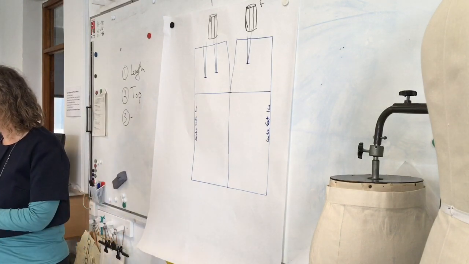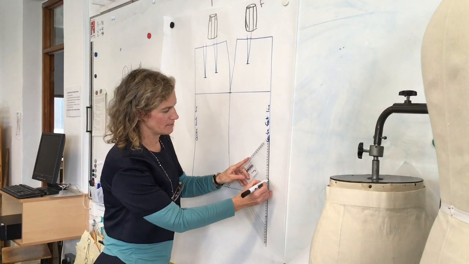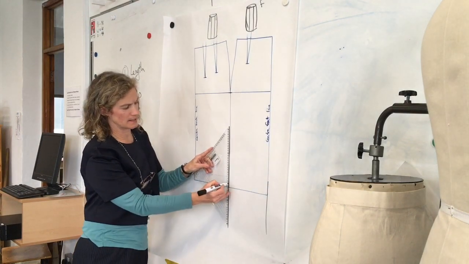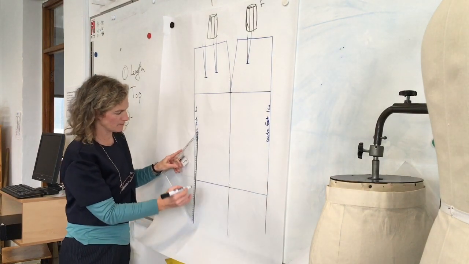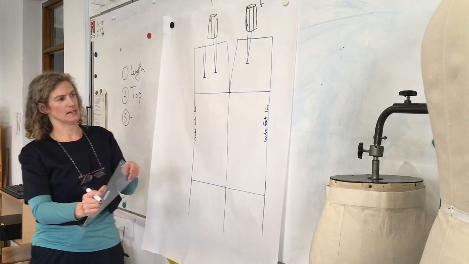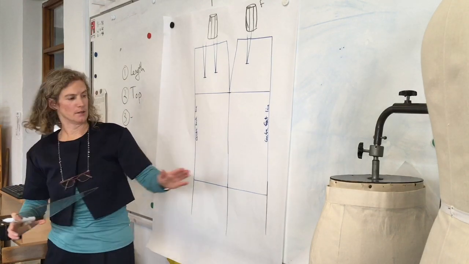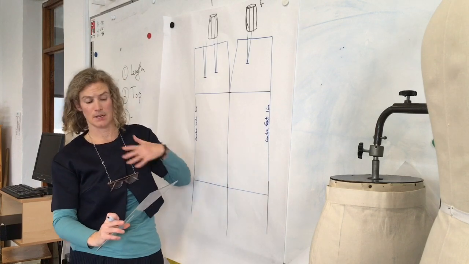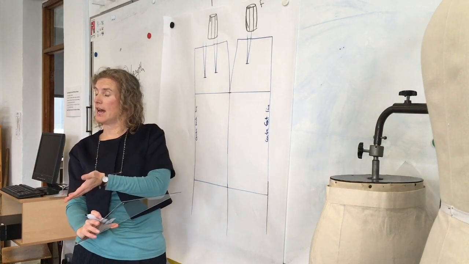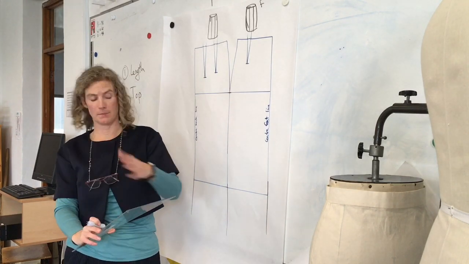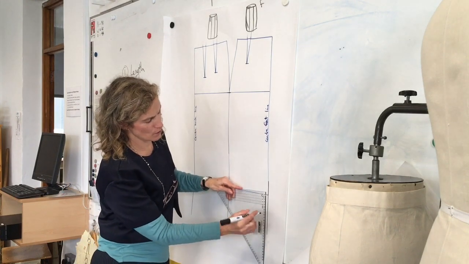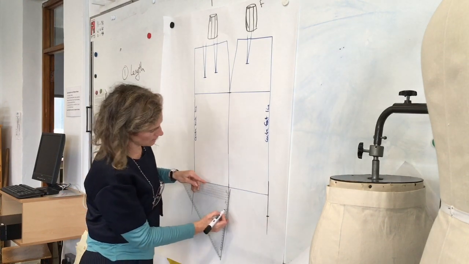It's going to extend down on the 3 lines that exist there on the block. Let's say we want this to be maybe 8 centimeters further down full scale, so that will be 4 centimeters for you. So I'm going to mark in 8 along.